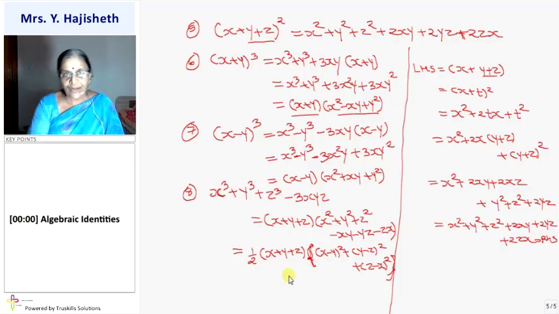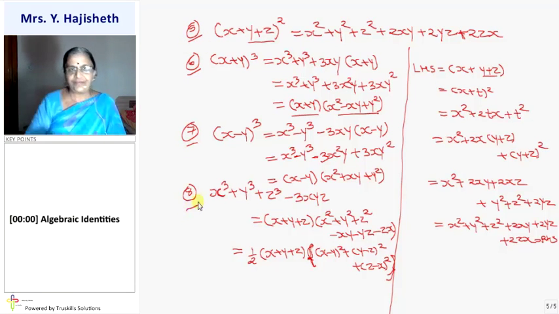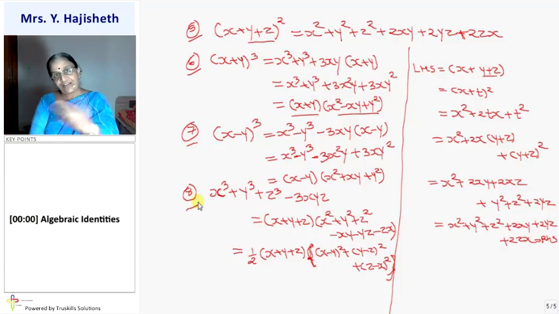So 4 formulas you have learned in your 8th and 4 more formulas you study in 9th standard. You have to remember all 8 formulas, in a direct way and in a converse way.